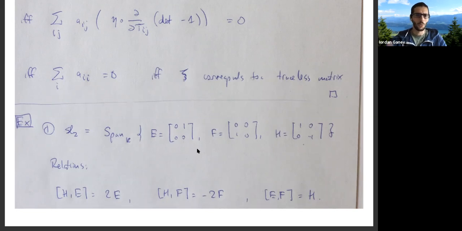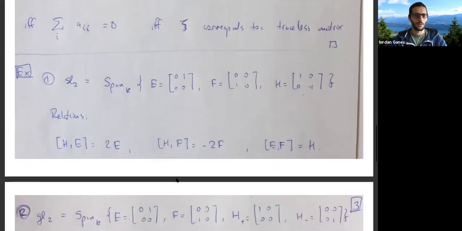And if we want to compute what the bracket is, we just compute the bracket of these generators. So this will be commutators of matrices, and you can check that the bracket of H and E is 2E, the bracket of H and F is minus 2F, and the bracket of E and F is H. So these are the fundamental SL2 relations.